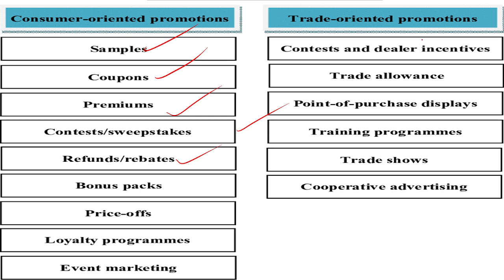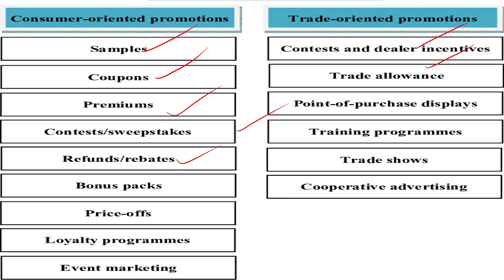Now let's see the trade-oriented promotions. Trade-oriented promotion includes contests and dealer incentives. Then trade allowance, meaning additional money paid for organizing the trade, and a travel allowance is also provided from the company side.